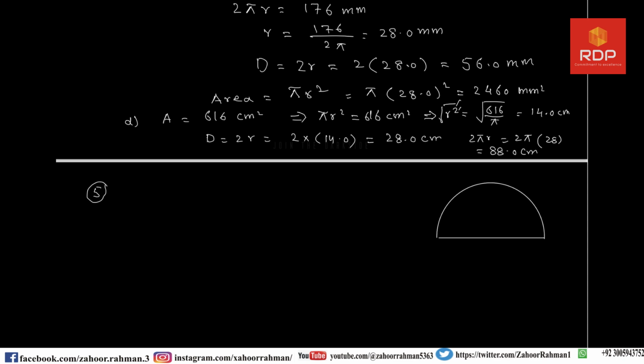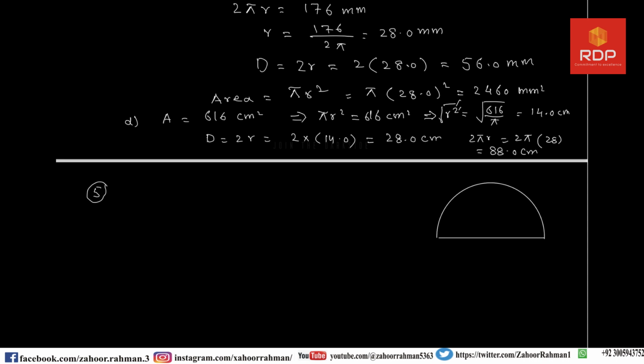For today, now we are turning our focus to question number 5. Question number 5 has given us this simple figure. No dimensions are there. A piece of wire 144 centimeter long is bent to form a semicircle as shown in the figure.